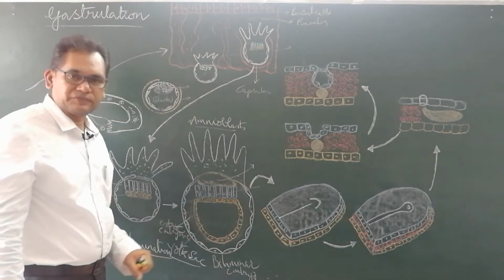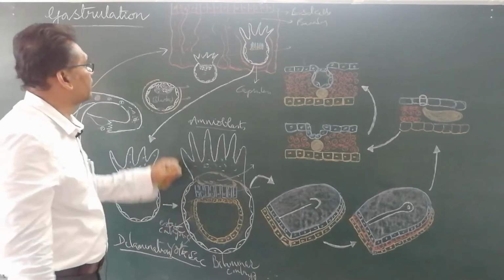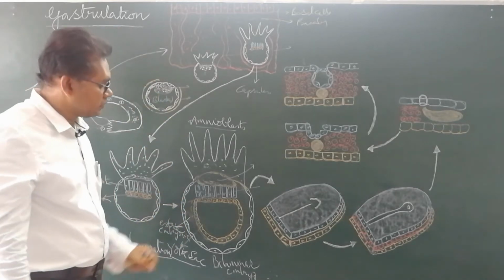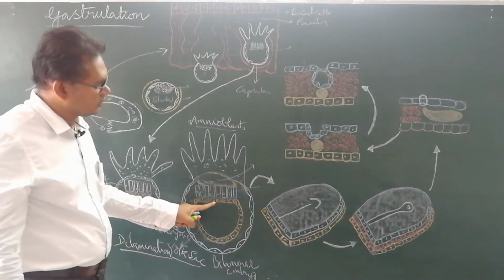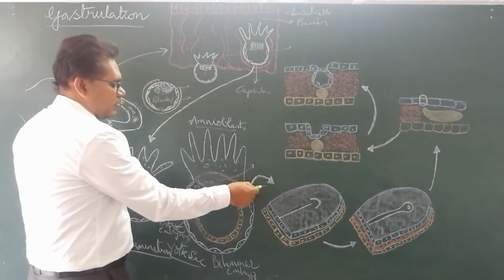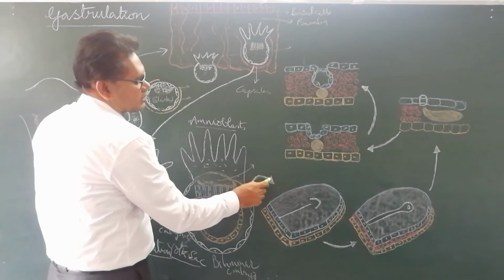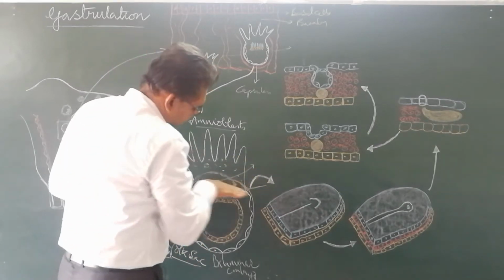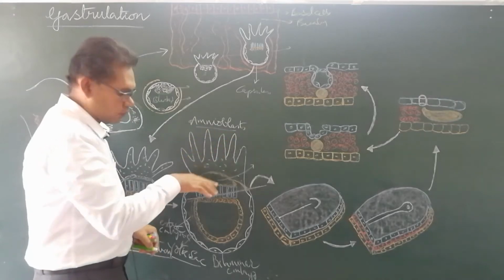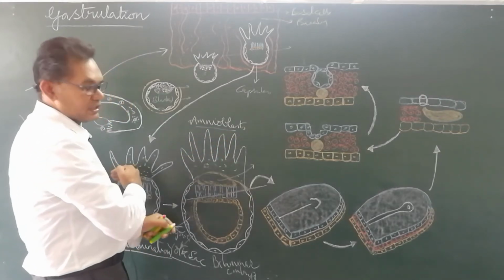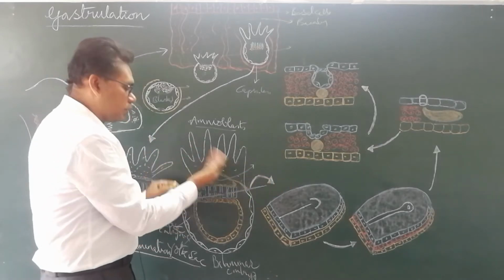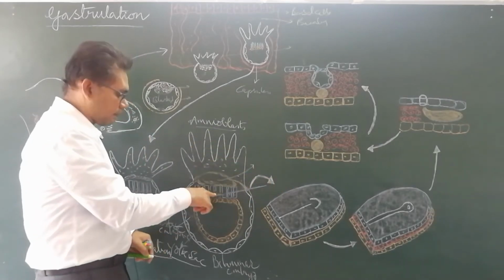Now if you observe this bilaminar embryo, it undergoes gastrulation. In this process, what happens? This is like a ball. From this we have removed a cap; we have made a cut and are viewing from the top of the bilaminar embryo.